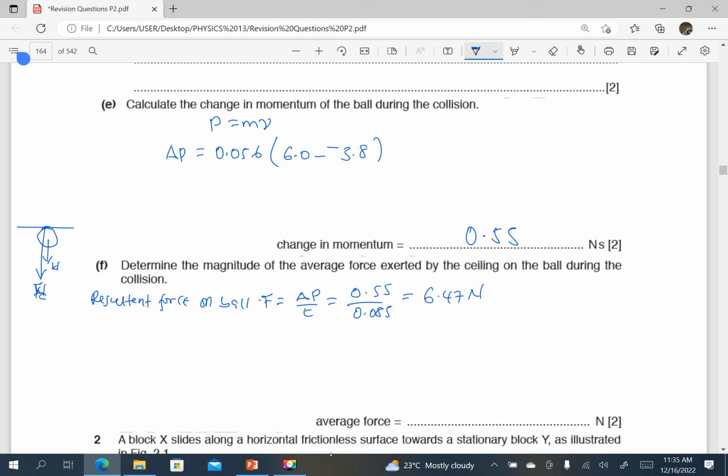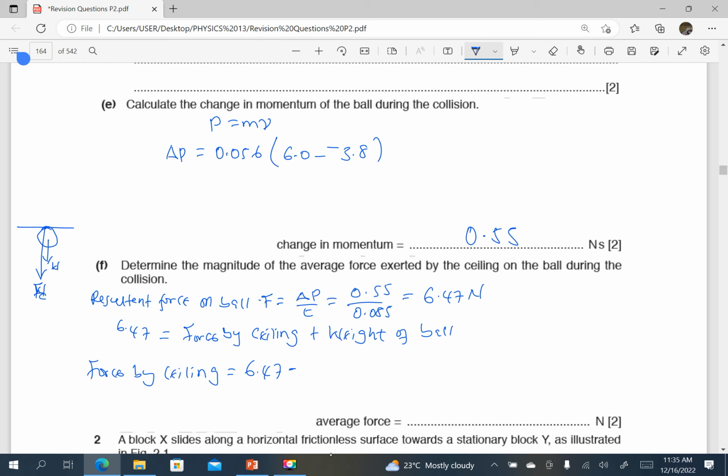So it means 6.47 is equal to the force by the ceiling plus the weight of the ball, which means that the force by the ceiling is going to be equal to 6.47 minus the weight.